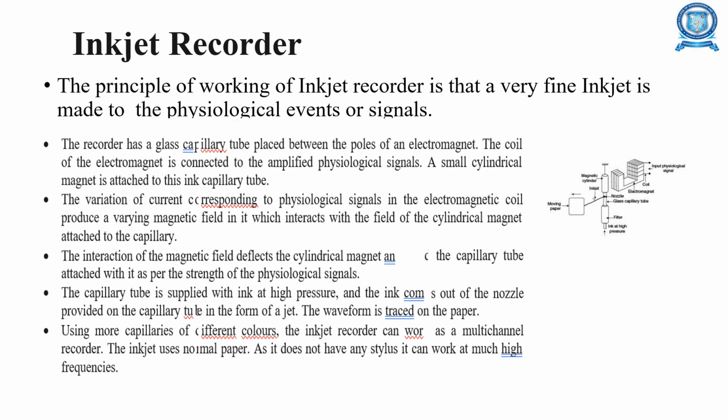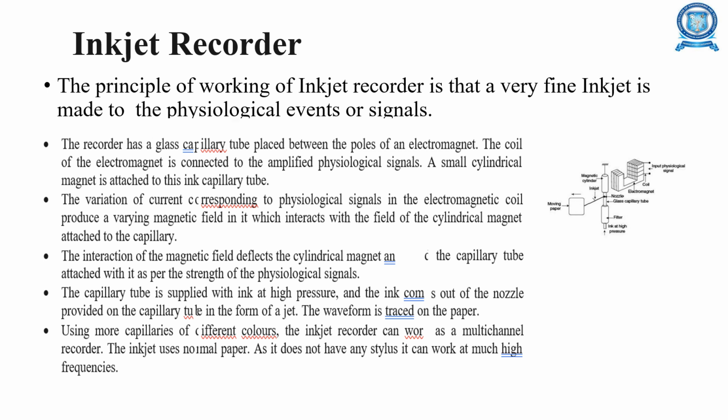Next is the inkjet recorder. The principle of working of the inkjet recorder is that a very fine inkjet is made to follow the physiological events or signals. It has a glass capillary tube placed between the poles of an electromagnet, and the coil of the electromagnet is connected to the amplified physiological signals.